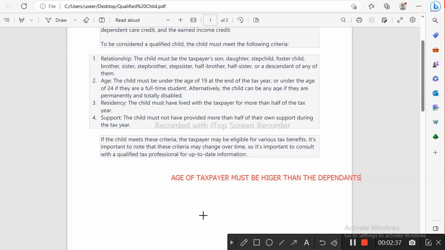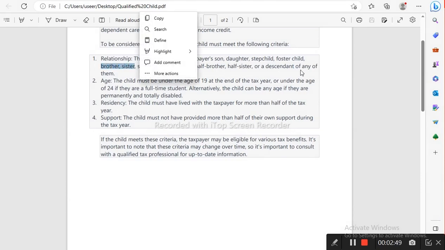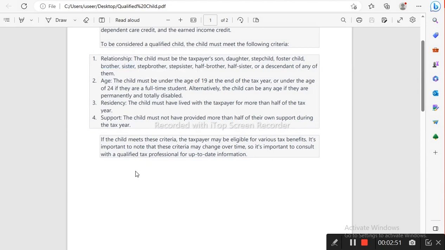It means that if you claim a brother or sister as your dependent, their age must be lower than yours. They must be younger than you.